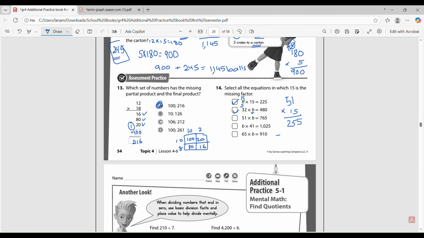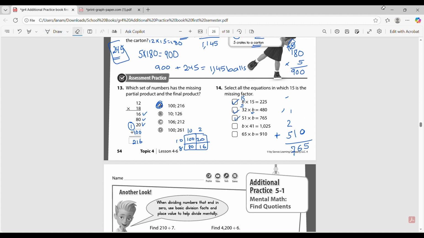I wrote it all because I don't have another number to carry the number 2. Now we will be dealing with the tens, so I need to start by putting a 0. Now 1 times 1 is 1. 1 times 5 is 5. Let's add. 5 plus 0 is 5. 5 plus 1 is 6. 2 plus 5 is 7. 765, so this is correct as well. Let's do the next one.